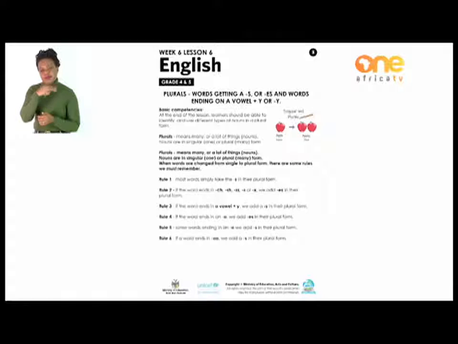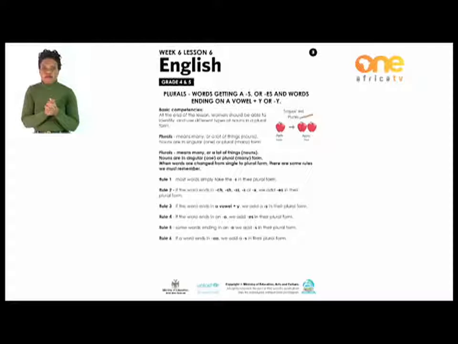The rule number 1 that we talked about is that most of the nouns simply add an S when we are talking about them in many, or in their plural form. Number 2, if the word ends in CH, SH, SS, S or X, we add an ES when we are pluralizing.